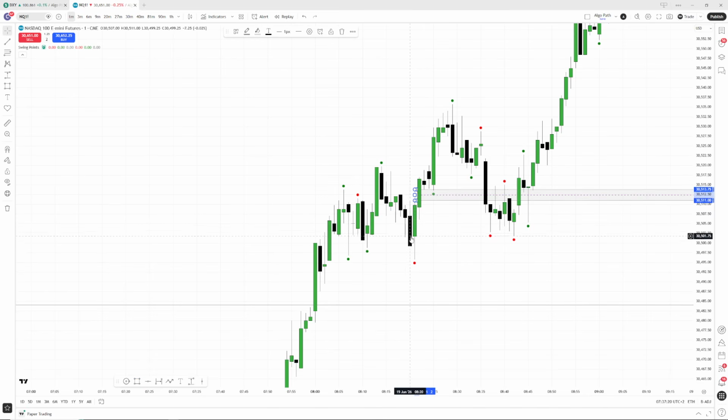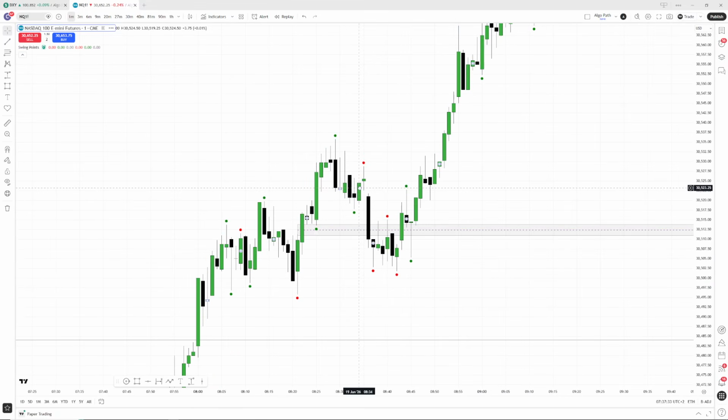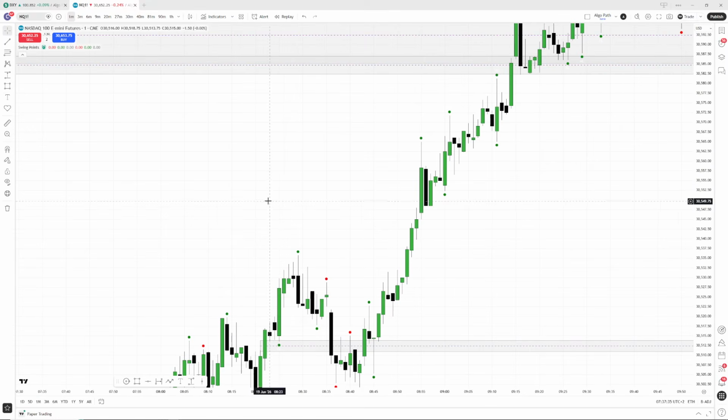Like we don't break below this low, right? And FVG is a formation of three candles, and you can see you get a big move. So that's FVG.